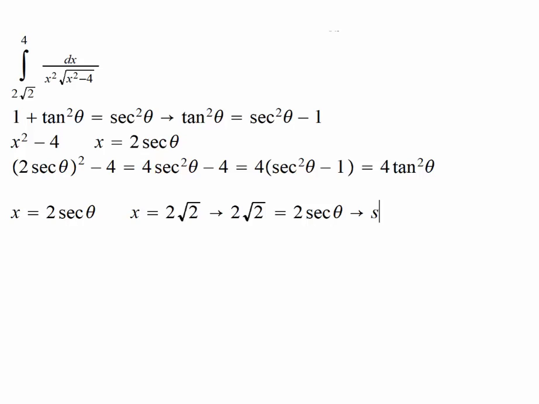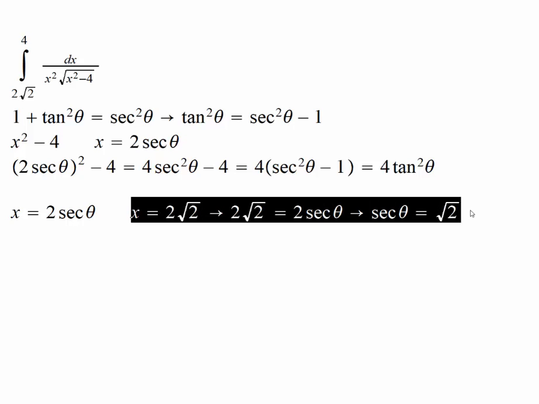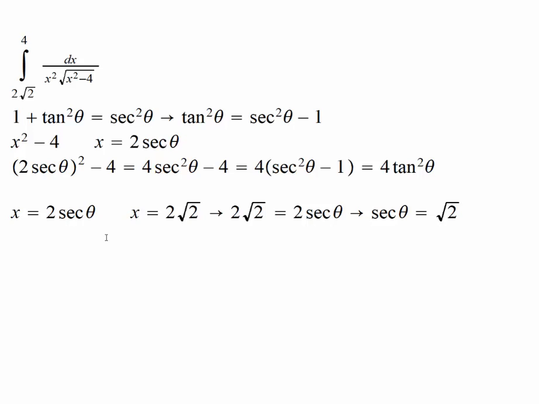That means secant theta is square root of 2. All right, and what that gives us is that for when x is 2 square root of 2, theta is pi over 4.